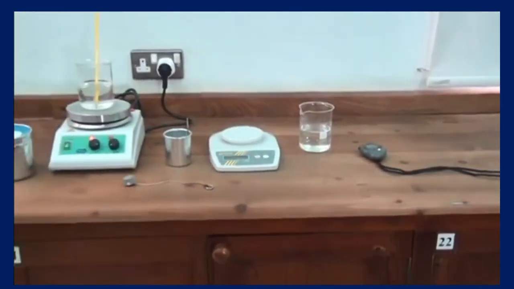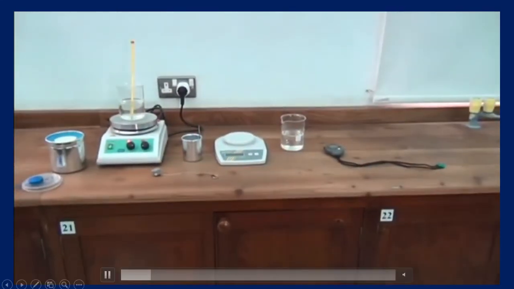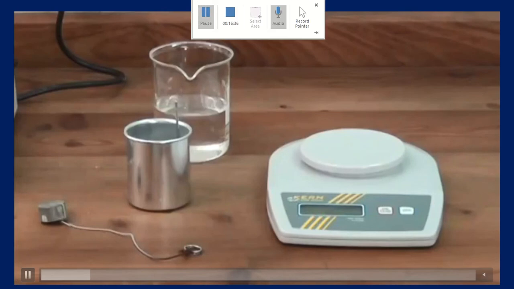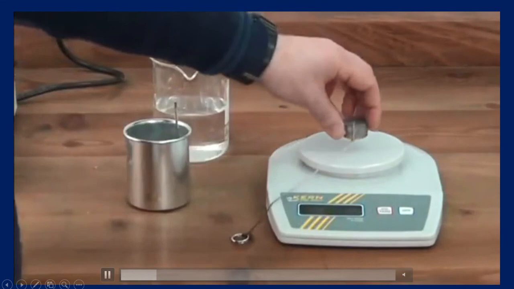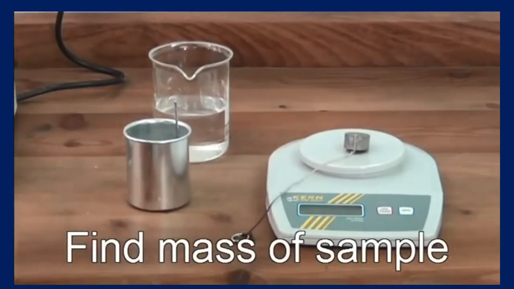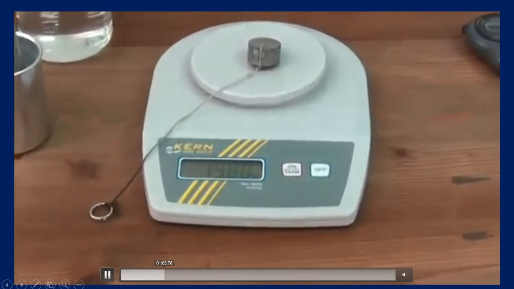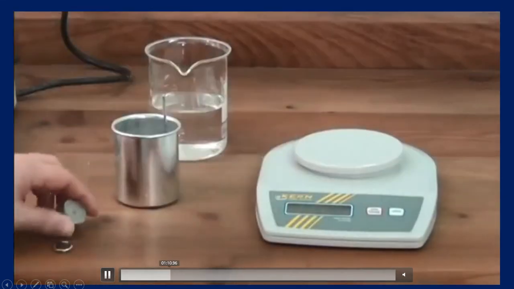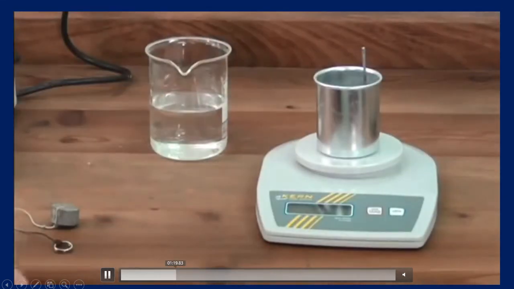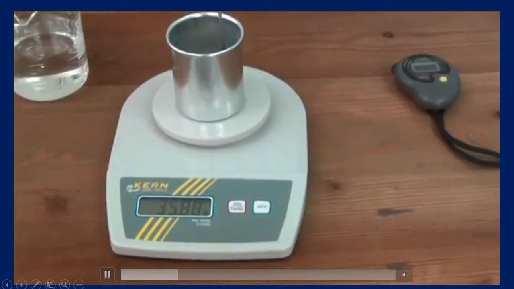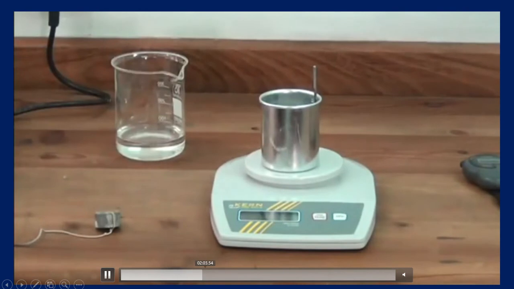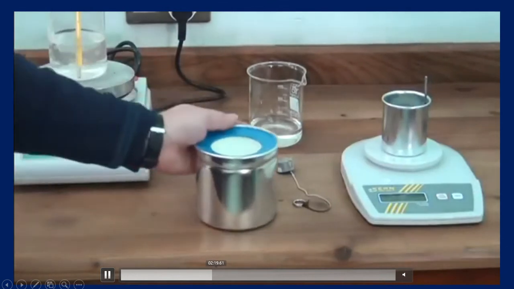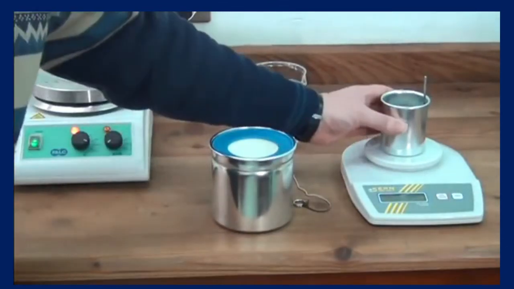Okay, the first step we do is take the mass of the solid object, and then take the weight of the empty calorimeter, then put the water inside and take the weight of calorimeter plus water, so we can get the mass of water only.